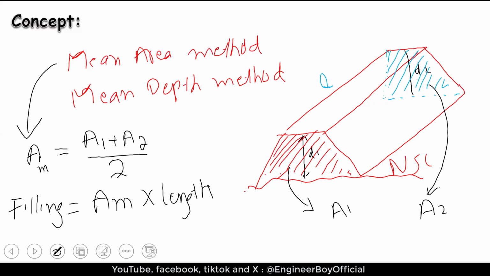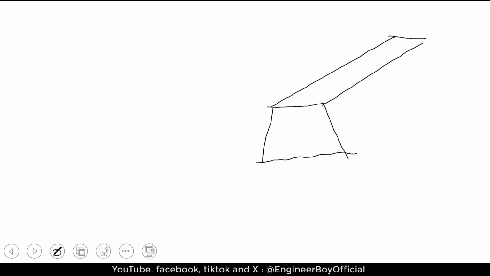Now let's discuss the mean depth method. Again, let's say we have the same embankment, the same way as this one. Let me draw it so I can do it better. I'm going to add some dotted lines over there.